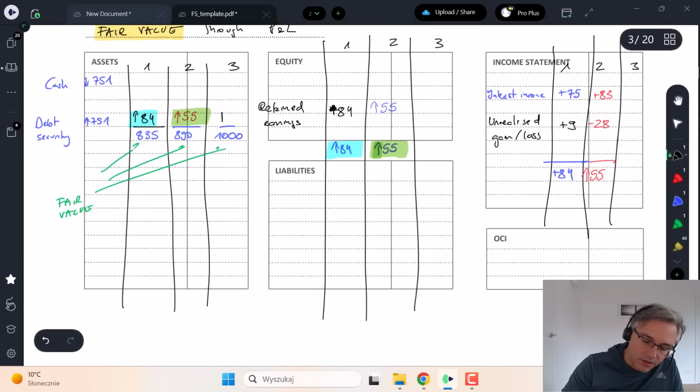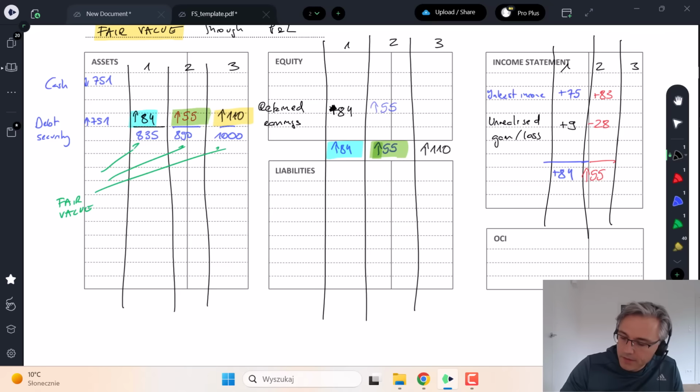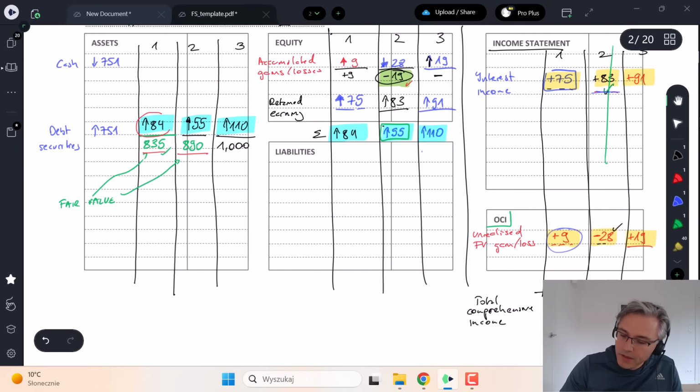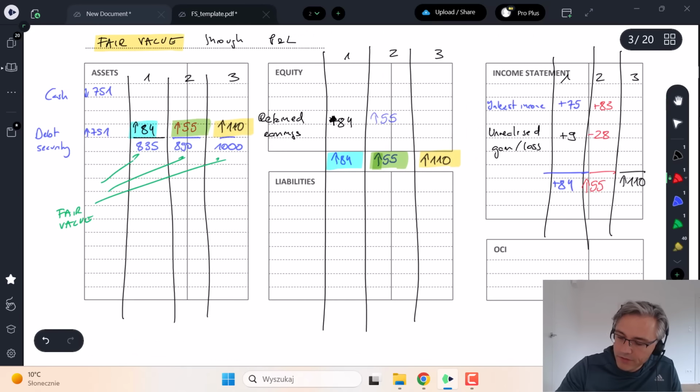Right, and the final year's growth was 110. So yeah, once again, this goes to equity, 110. Everything will go via the income statement, but like before, split into the interest income, 91, and the residual figure.